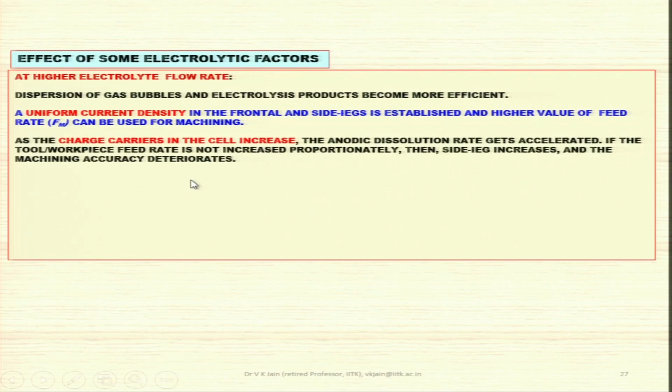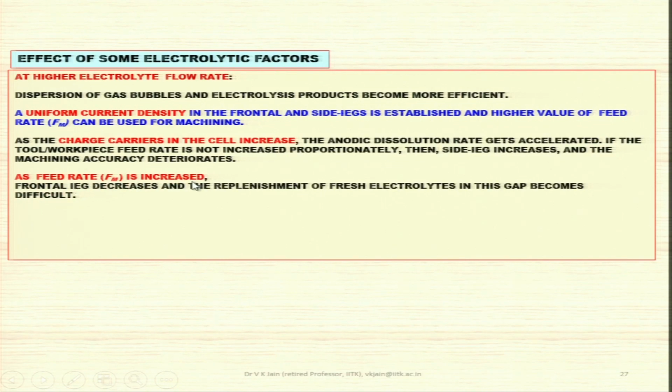As the charge carriers in the cell increase, the anodic dissolution rate gets accelerated. If the tool workpiece feed rate is not increased proportionately, then the side inter-electrode gap increases and the machining accuracy deteriorates. If the side inter-electrode gap is increasing, then the accuracy of the machined component is going to deteriorate.